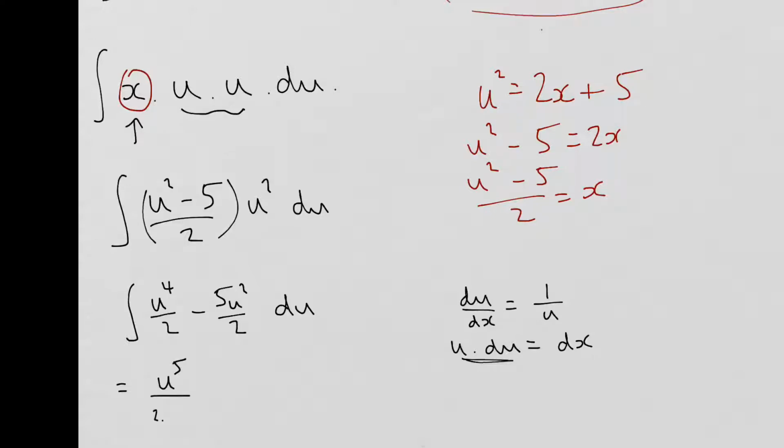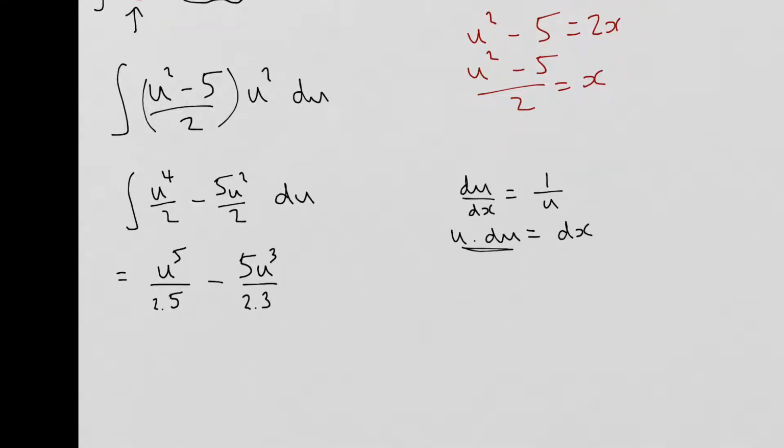But obviously I had a 2 there to start with, so we're going to be multiplying that by 5 now. Take away 5, again, increase the power by 1, divide by the new power. And then never, ever forgetting that plus c, because my integral has no limits. So I'm going to get u to the power of 5 over 10, take away 5u cubed over 6 plus c. Lovely.